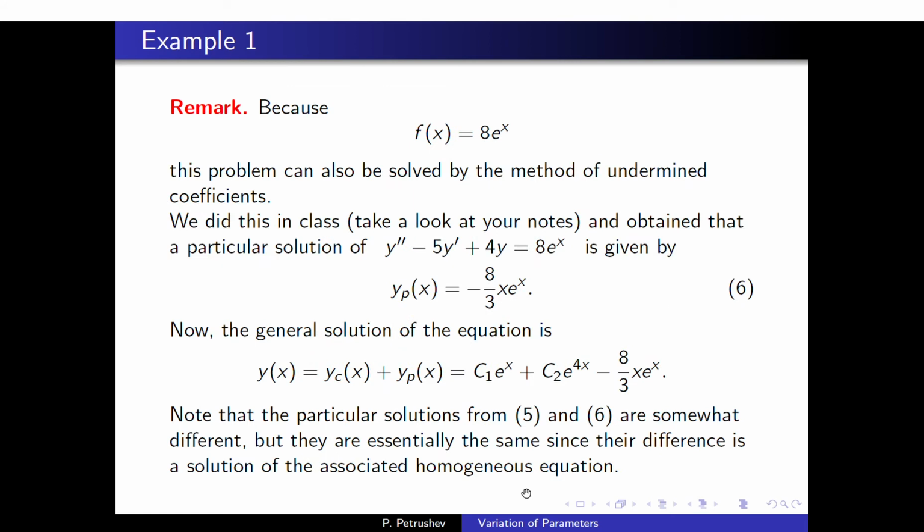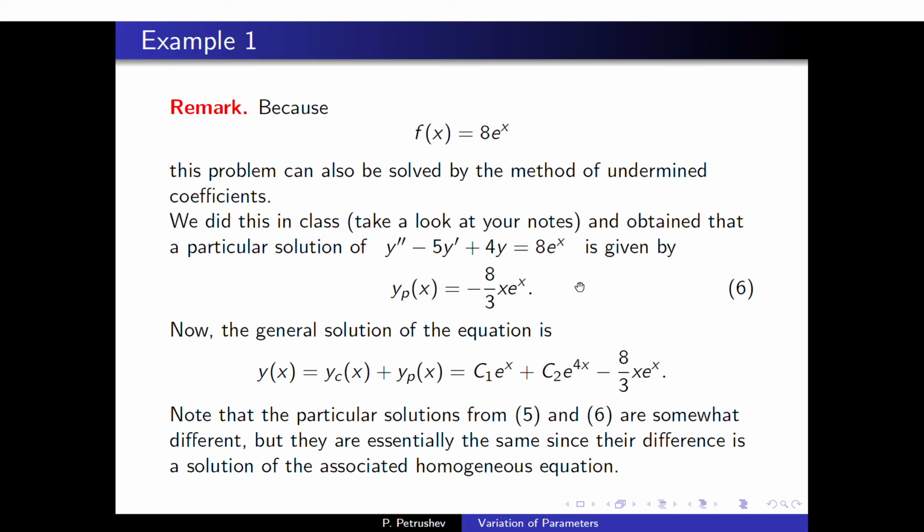One important observation: the function f(x) on the right-hand side of the equation is of this form, a constant multiplied by this exponential function. And we know that in a case like this, we can solve the problem by using the method of undetermined coefficients. We applied this method in class, and we found this particular solution.